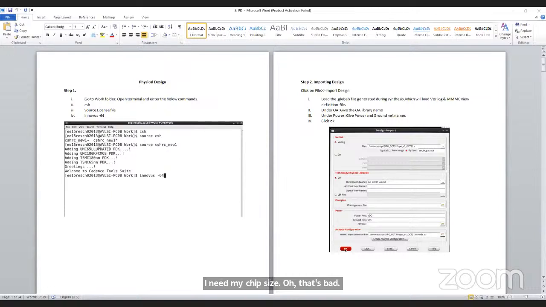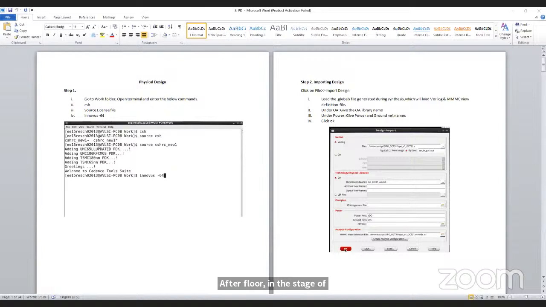So at the time of synthesis, we don't have the clear dimensions of the area of the chip completely. We need to estimate. How are we going to estimate the area of the chip? By calculating the area of the gates. So these many gates are there, and we want to place all these gates after synthesis, in the floor plan stage of physical design.